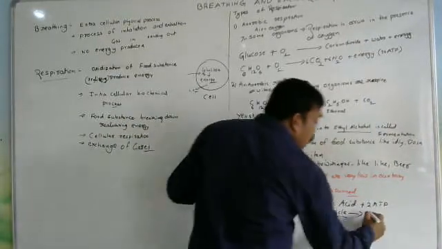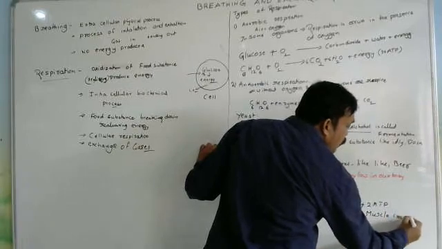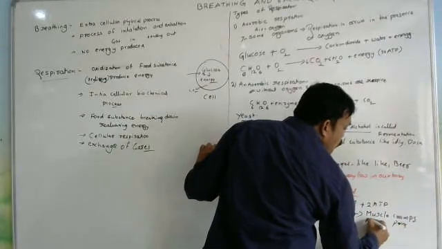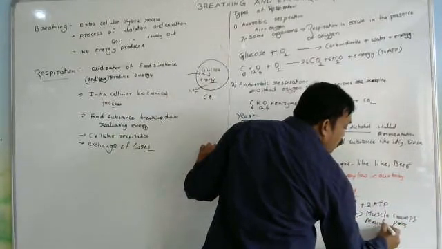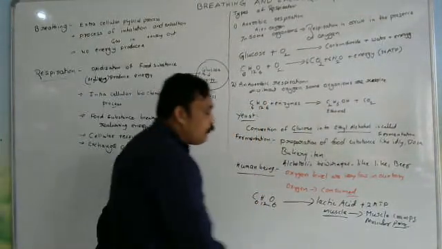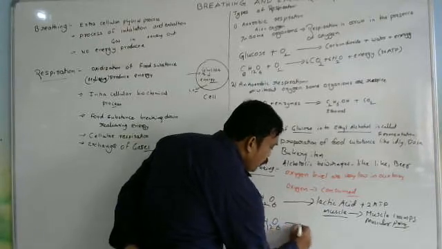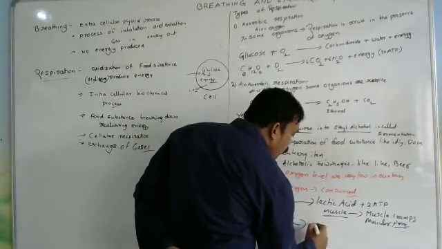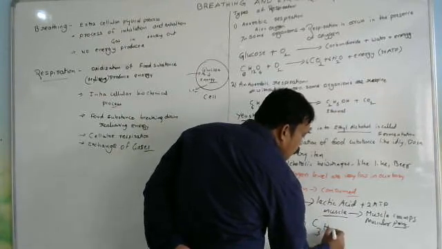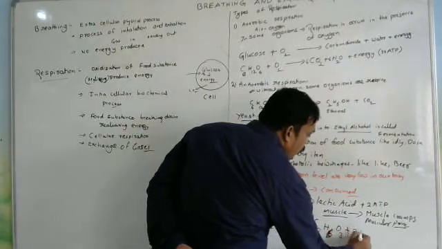It is the cause of muscle cramps, which means muscle pains. The lactic acid formula is C3H6O3, plus 2 ATPs of energy.